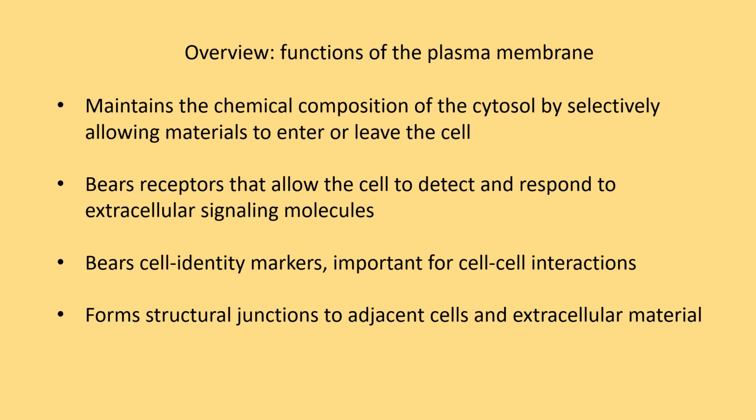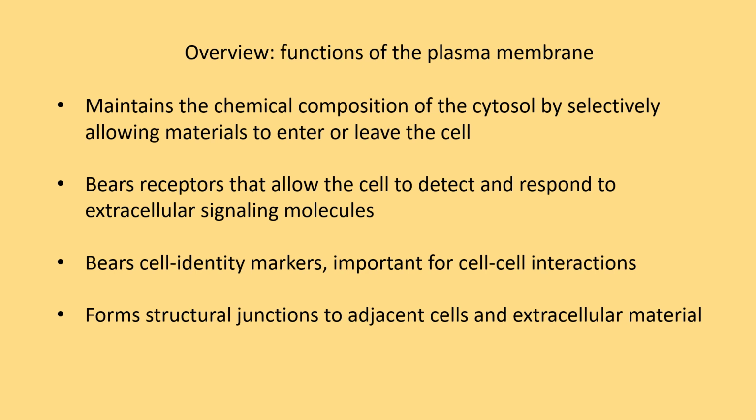And that binding of the signaling molecule to the receptor initiated a cascade of events inside that cell that gave rise to a transcription factor, which regulates protein synthesis. So that came up in the context of protein synthesis, but it again comes up in the context of basic functions of the plasma membrane.